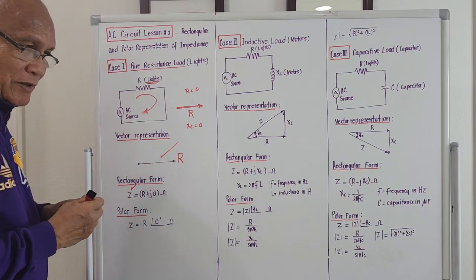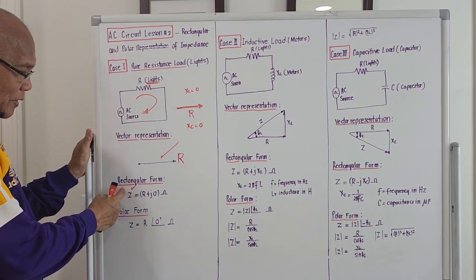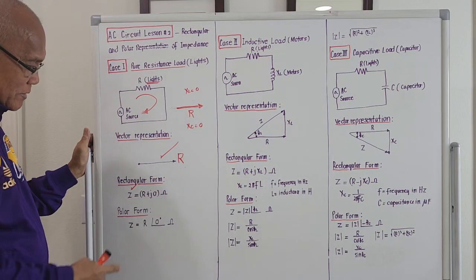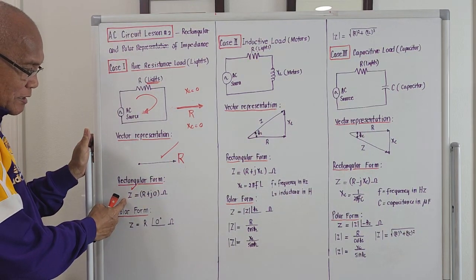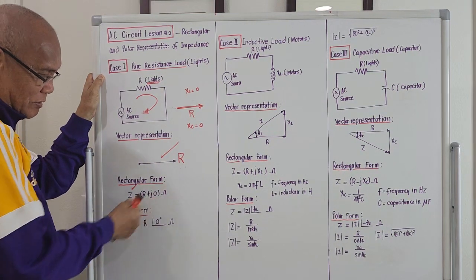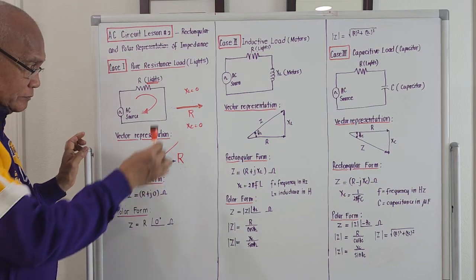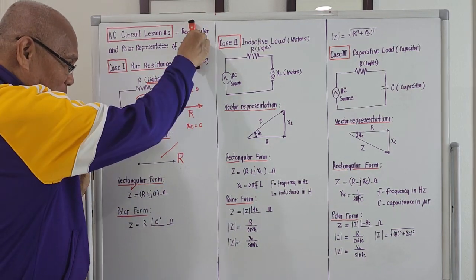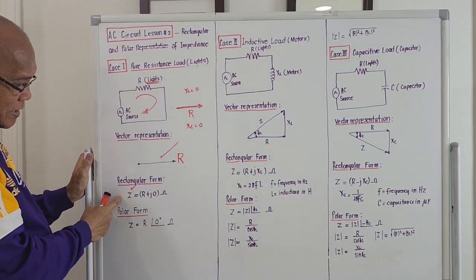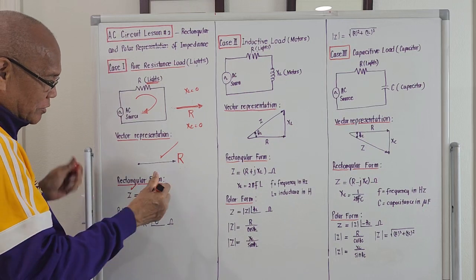For a pure resistive load, the rectangular form has the real part and the imaginary part. The impedance under case number 1 will be R plus J0. The imaginary part is 0. It has no upward part and no downward part, just a horizontal line. So Z is actually R plus J0. The unit is ohms.